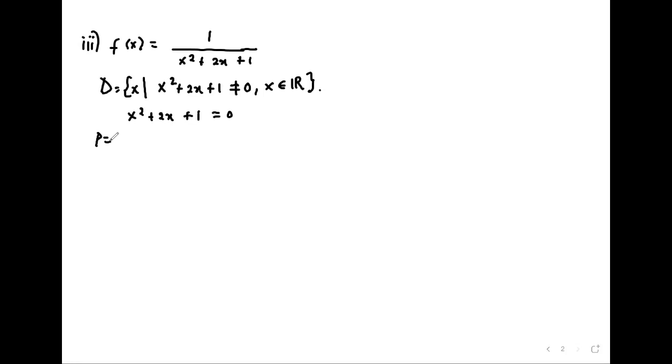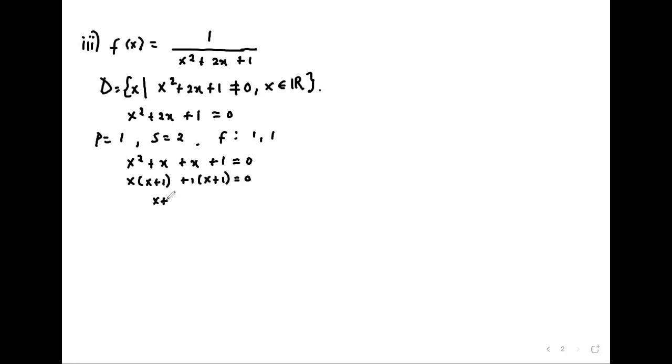The product is 1. The sum is 2. So what are the factors? 1 and 1. So we have x squared plus x plus x plus 1 is equal to 0. x there, x plus 1 there, x plus 1.